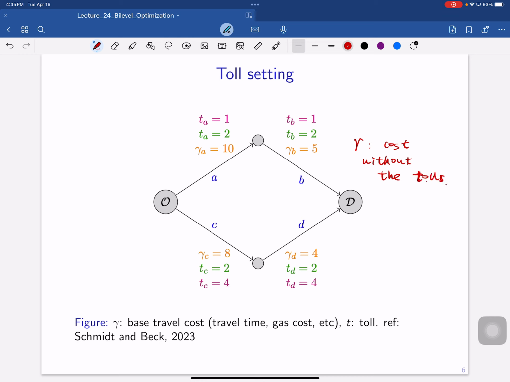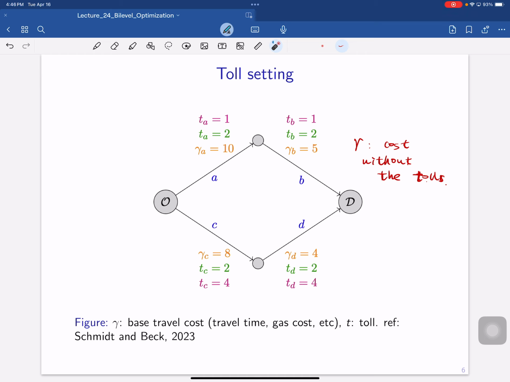Okay. For example, those costs can be your travel time plus some fuel costs. Here I'm talking about costs in general. Of course, there are two things related to cost. One is how much time we will need to travel from here to here, and the other is the cost related to your gas and so forth.